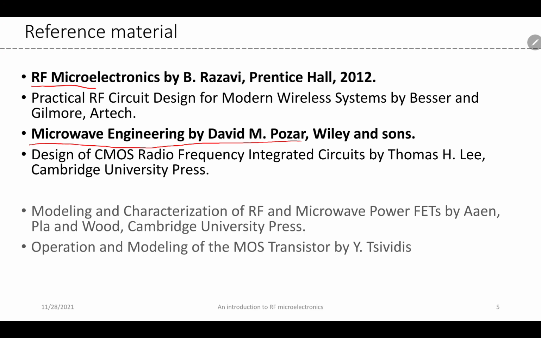Besides these two books, you can also look at Practical RF Circuit Design for Modern Wireless Systems, and Design of CMOS Radio Frequency Integrated Circuits. There'll be some sections which will be based on these two books.